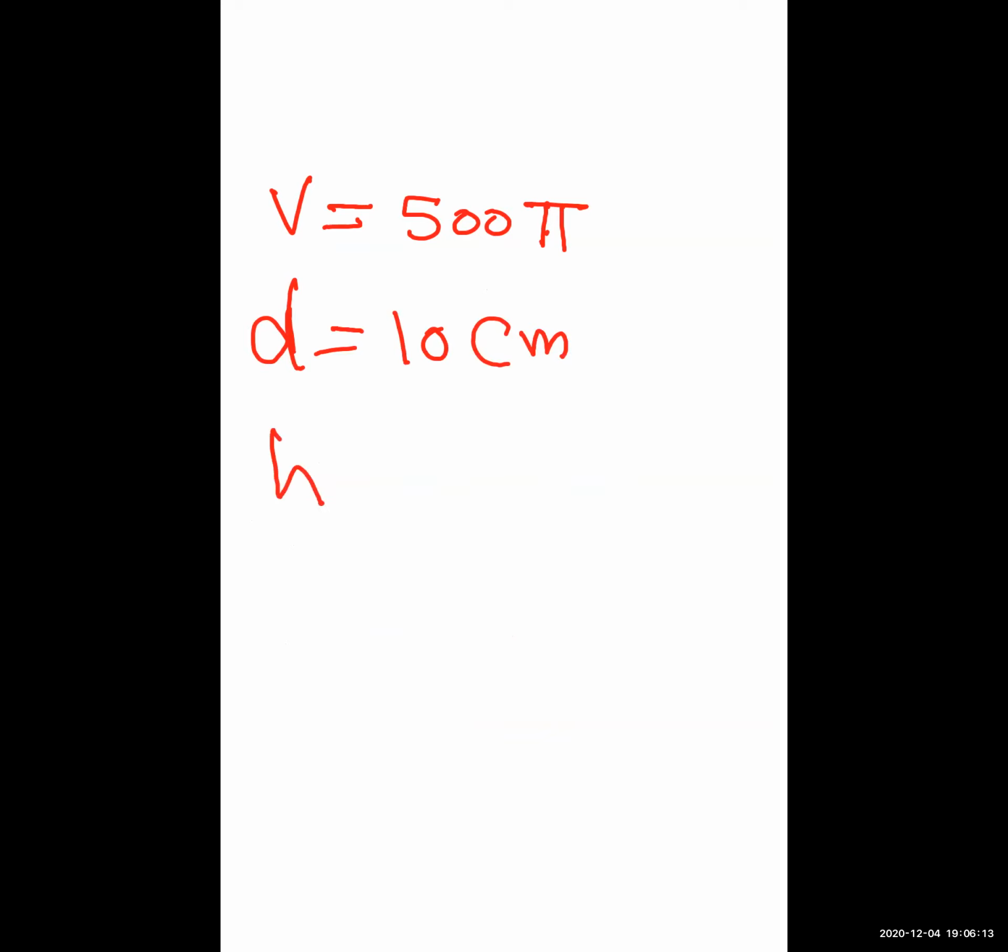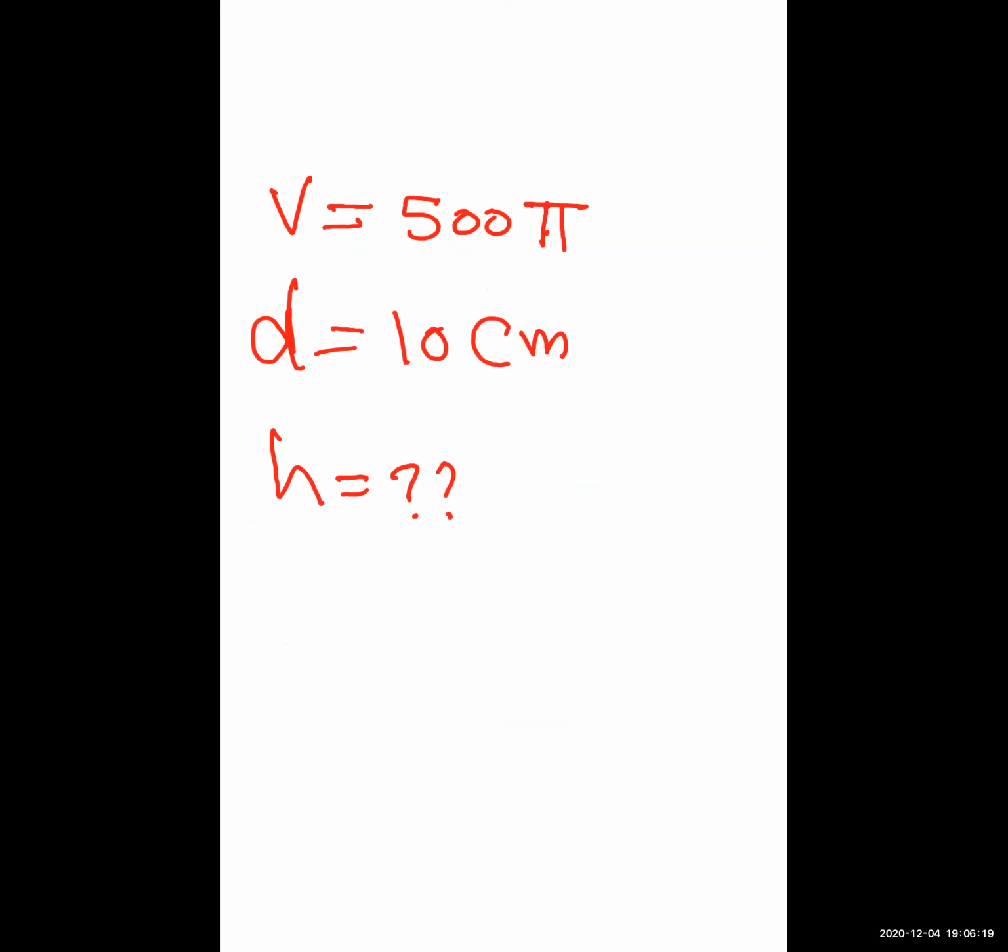A right circular cylinder, its volume is 500 pi. So volume equals 500 pi. And the diameter length of its base is 10 centimeters. Okay, diameter equals 10 centimeters. Then I want to get its height.